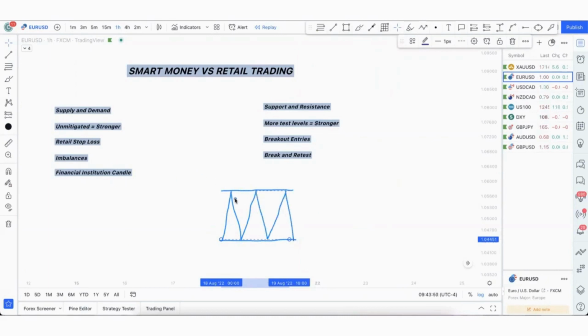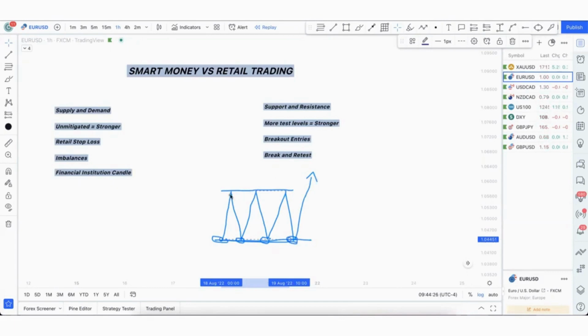Retail traders tend to buy when the price is here because there are a lot of tests on this level. So they believe that it is a confluence or strong level of confirmation to have a buy entry. They believe that once they enter here, price will go up like that.